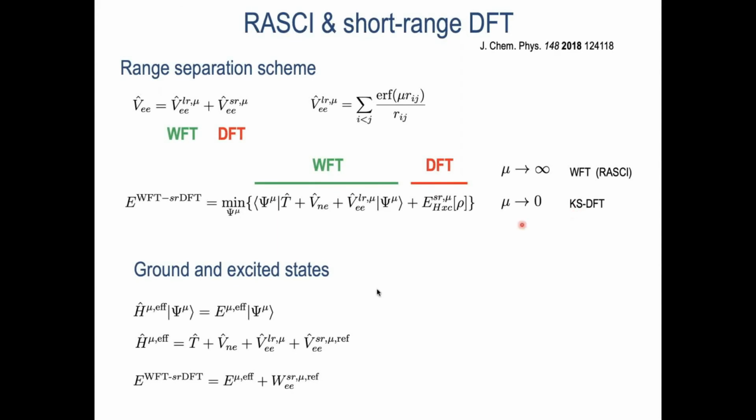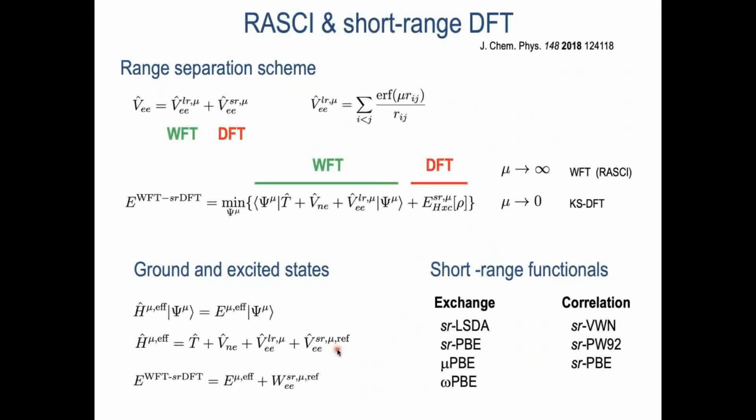And I won't go into the details, but we do that by defining an effective Hamiltonian and using a reference density, and this allows you, with a standard diagonalization of our Hamiltonian, to obtain not only the ground state but also excited states. And in Q-Chem we have implemented this method with the use of different short range exchange and correlation functionals.